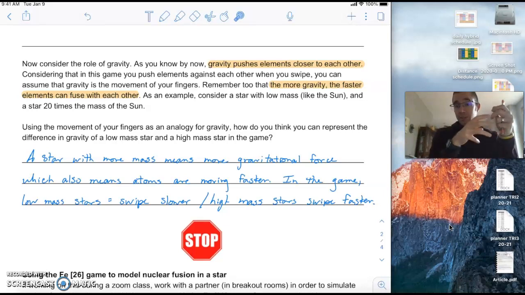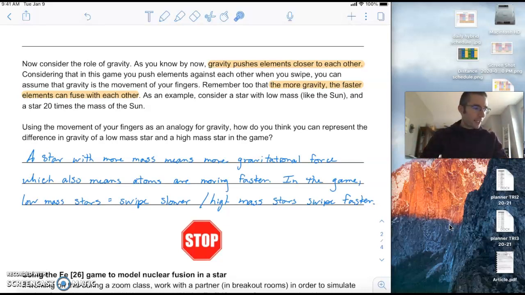Some stars come from smaller nebulas, some from more massive nebulas. That's going to have a very big impact on the rate of fusion, how fast the star goes through its life cycle, and what happens when it dies.